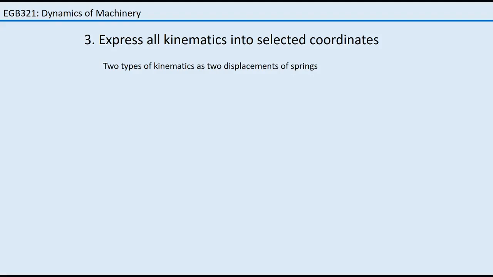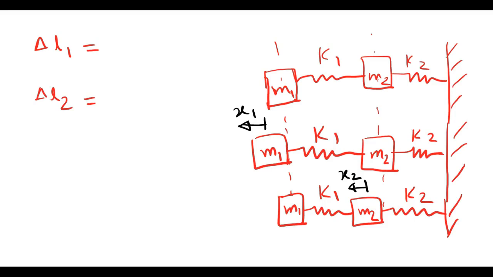Let's try a few examples. So this is one example where we have two masses m1 and m2 attached to spring 1 and spring 2, and this is the ground, and we need to consider three cases. The first case is this one, which is an equilibrium position, so m1 and m2 don't move.